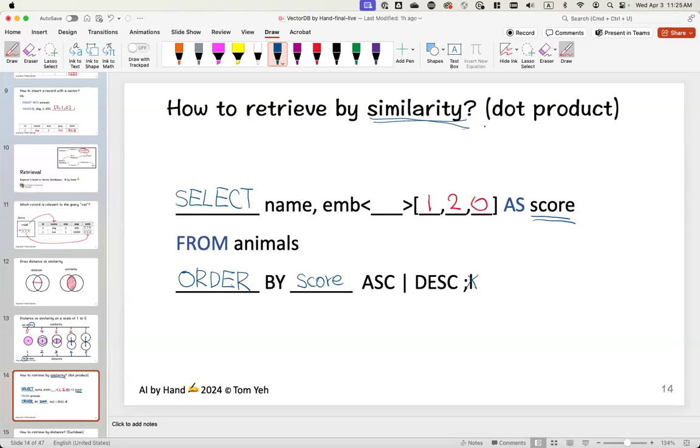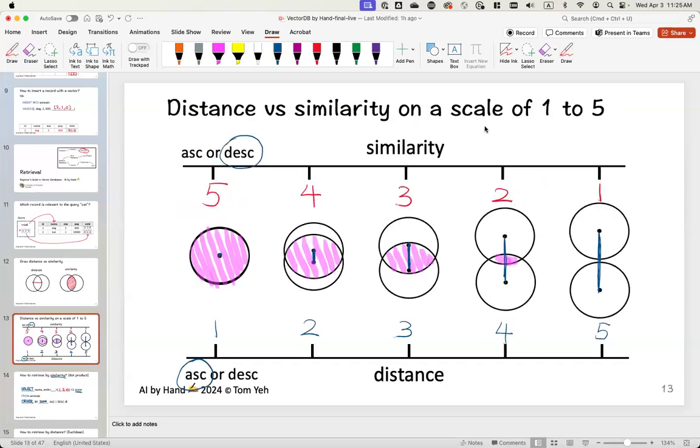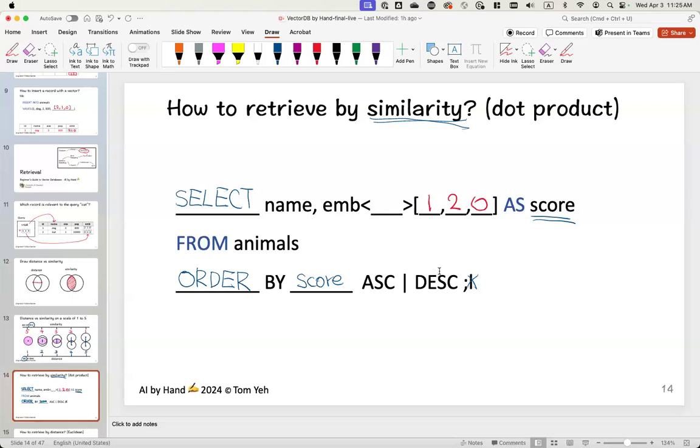But similarity, do you remember, is it ascending or descending? Let's cheat a little bit. The similarity is descending, so I will circle descending, but I'm not going to do ascending. So that's how we do it. And to compute dot product, one symbol is this star sign. So add the star here to indicate that it is a dot product we are trying to do.